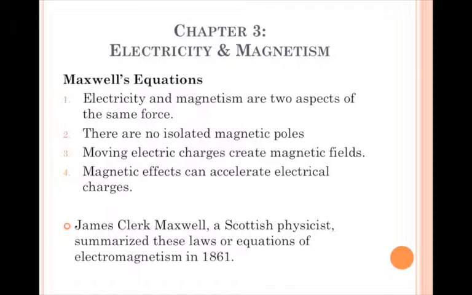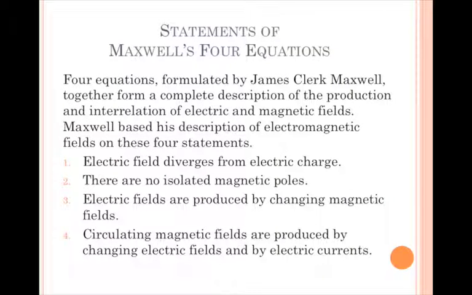He would have had no idea in 1861 the impact he had on our modern society. These four equations together form a complete description of the production and interrelation of electric and magnetic fields.